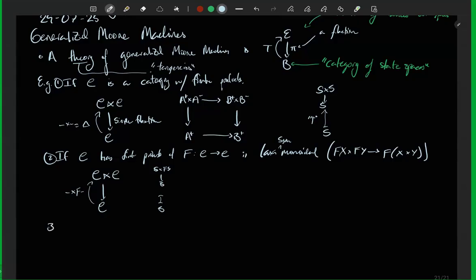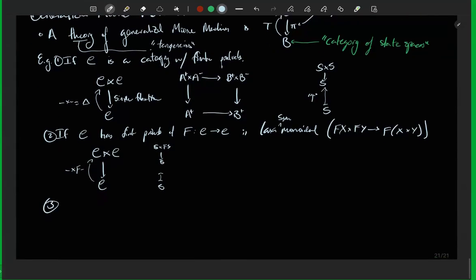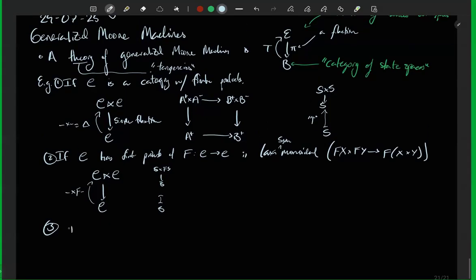Okay, and then third, we have something that's much more like a classic thing. If C is a tangent category, then we can take C arrow, but this will be something like a so-called display map.